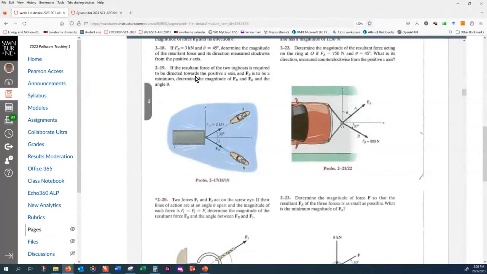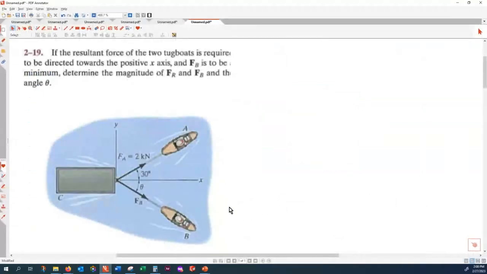The resultant force is to be directed toward the positive x, so we know the resultant is going to be horizontal, and FB to be minimum. Okay, very similar to what we did before.